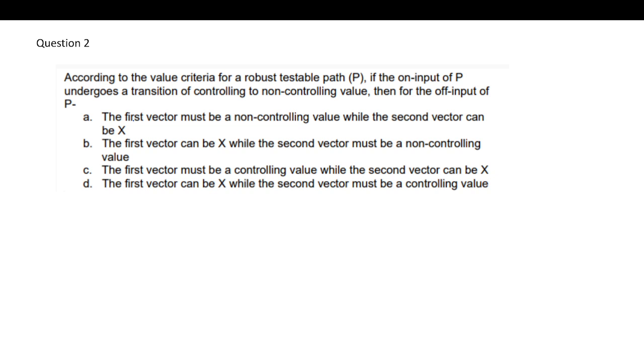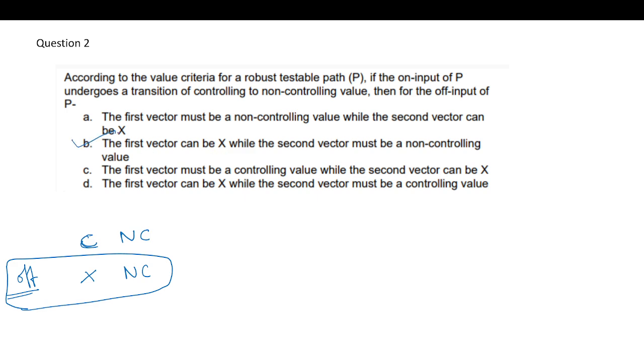Second question. According to the value criteria for a robust testable path, if the on-input of P undergoes a transition from controlling to non-controlling, then the off-path input should be. We have said that this is the controlling value, so whatever this value is will not affect, but here we need non-controlling. So the first can be x while the second should be non-controlling.